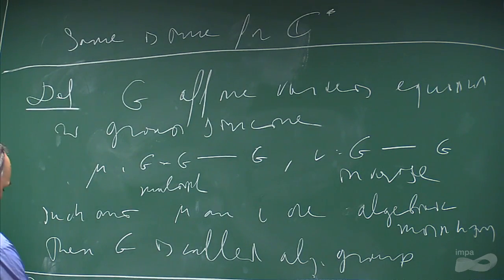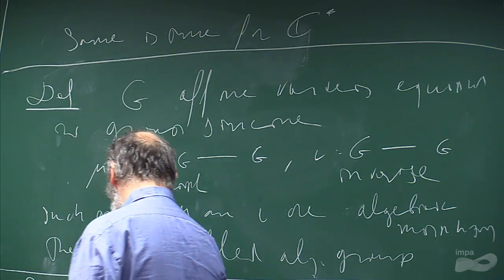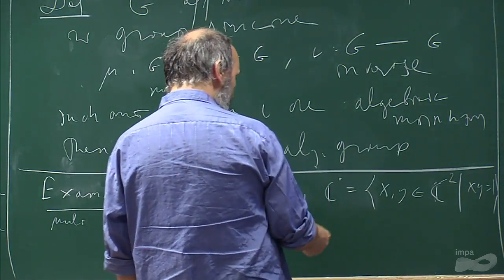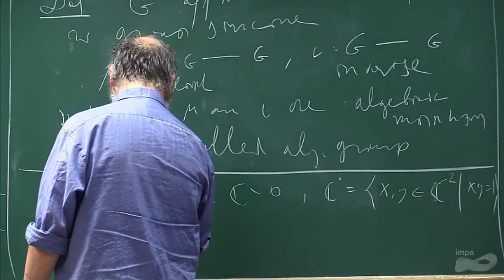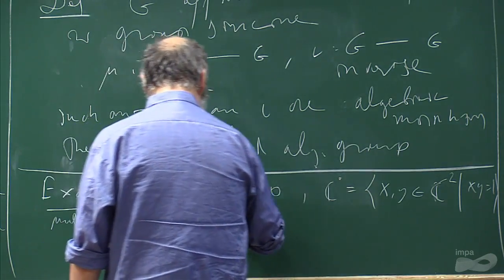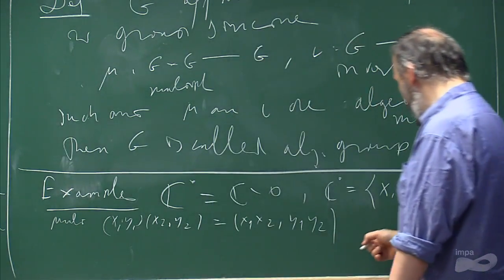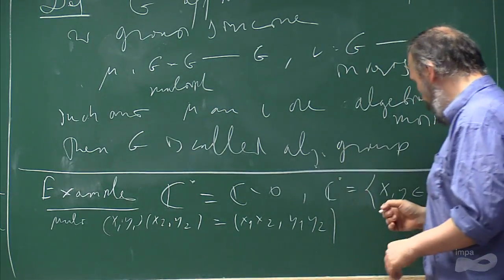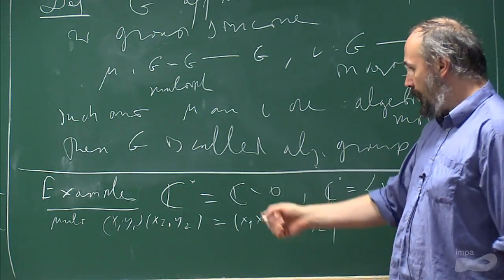Then multiplication takes (x1, y1) in C star, which we consider as a subset in C2, multiplies by (x2, y2), and you obtain the pair (x1x2, y1y2). Clearly, it also satisfies this condition, so it's a good multiplication. In fact, y is just x to the minus 1. So this is precisely the multiplication you have on C star.